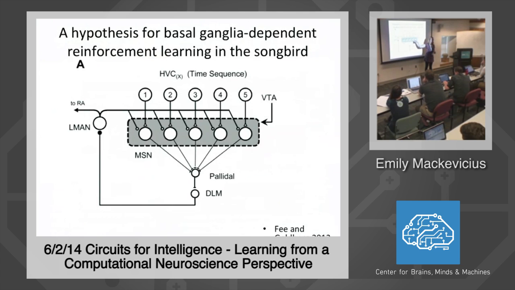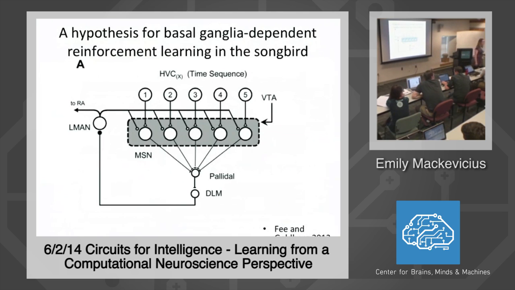Okay, so if you wanted to get a pitch up at time point 4, then you'd strengthen synapse 4. According to our theory, how that happens is that you have a plasticity rule which strengthens synapse 4 whenever you got input from L-man and HVC followed by reward.